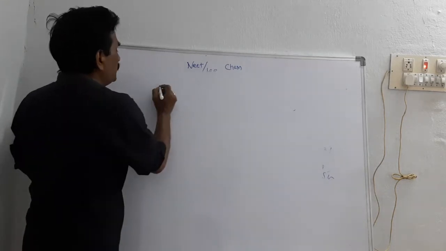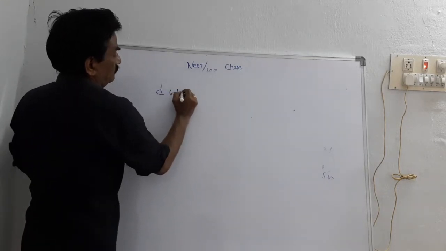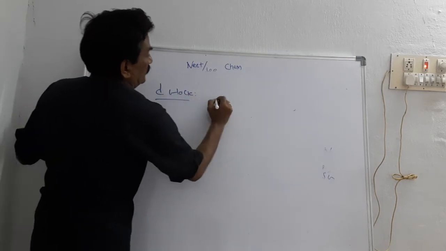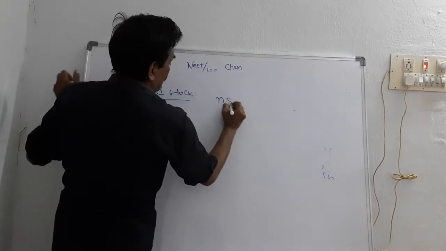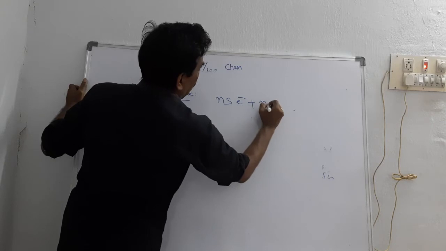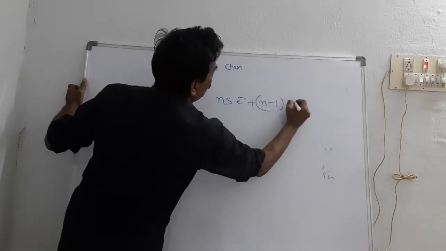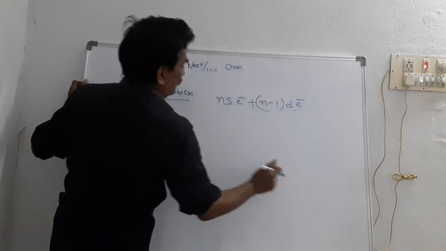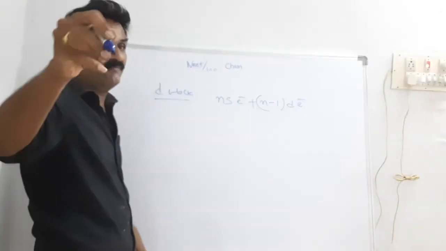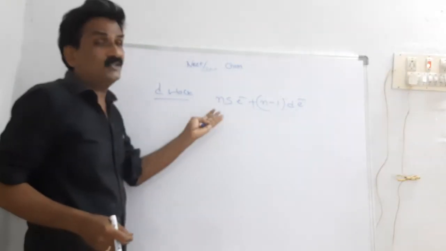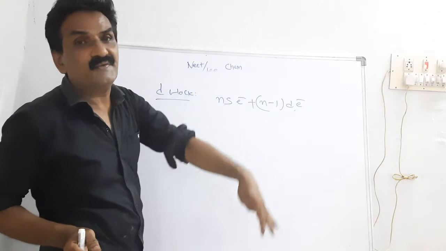If it belongs to the d block, it is ns electrons plus (n minus 1) d electrons. Please note it. ns electrons plus (n minus 1) d, the valency shell and penultimate shell.